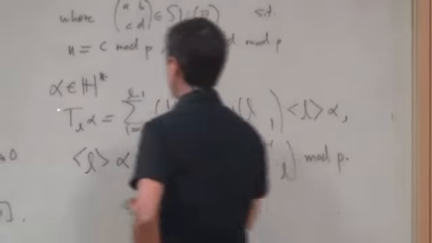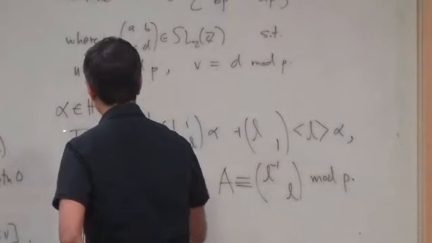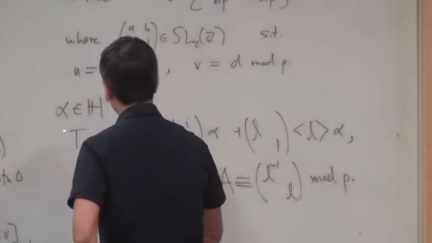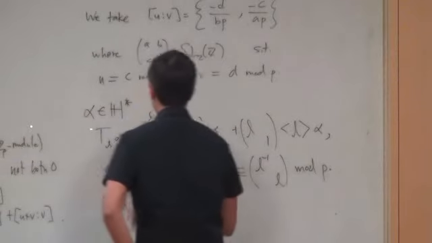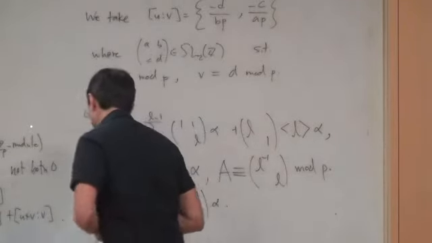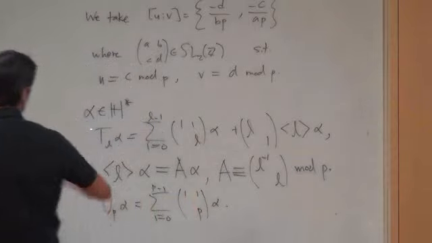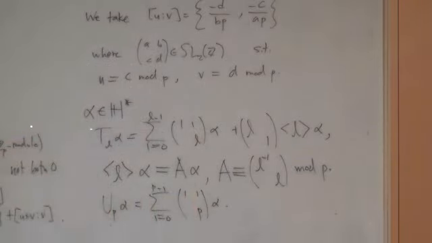And then U_p is the same thing, but now we take this. So this gives you actions on the homology by acting on these modular symbols, on the two coordinates at the same time.